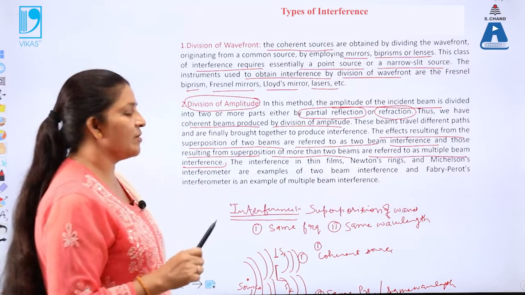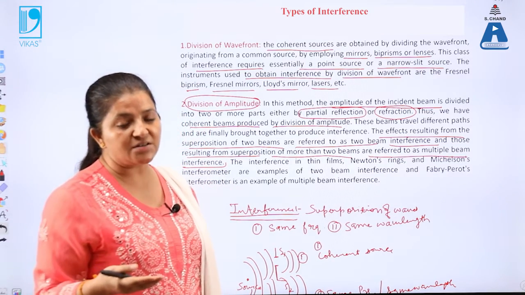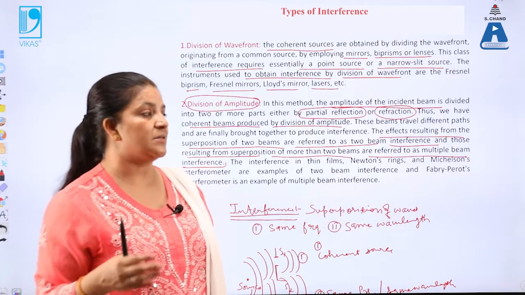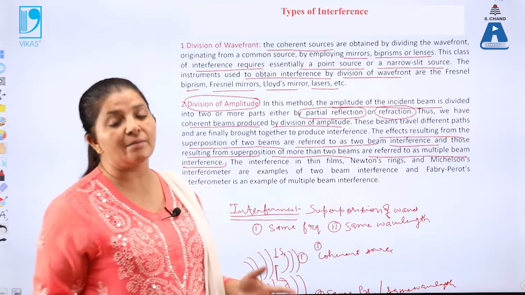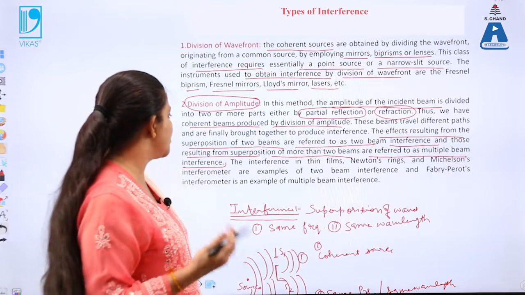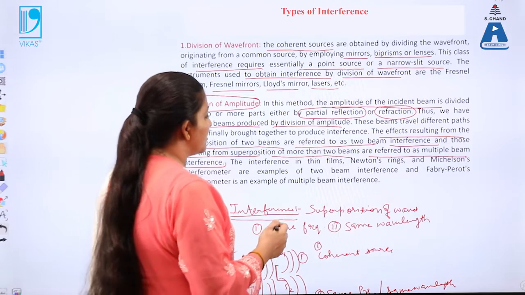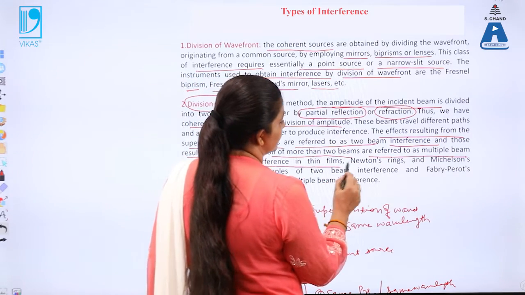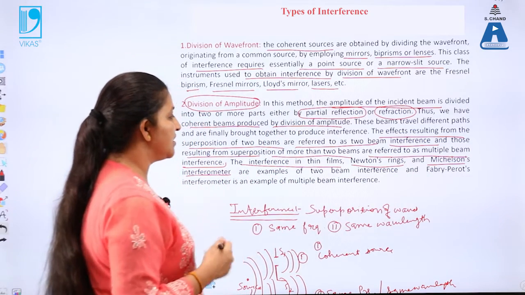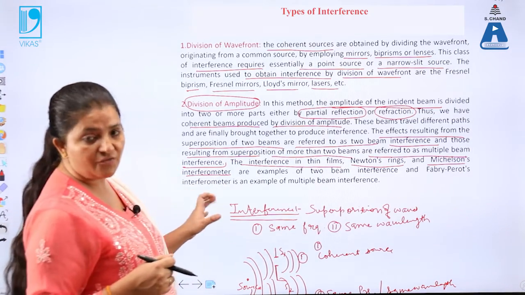It means when from reflection or refraction we get two beams, that is called interference by two beams, and when from reflection we get multiple beams, that is called multiple beam interference. For example, interference in thin films, Newton's rings and the Michelson interferometer are examples of interference done by the division of amplitude.